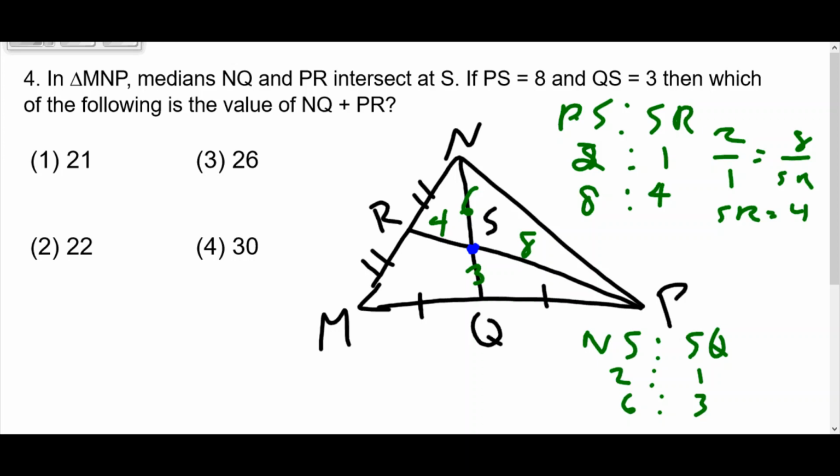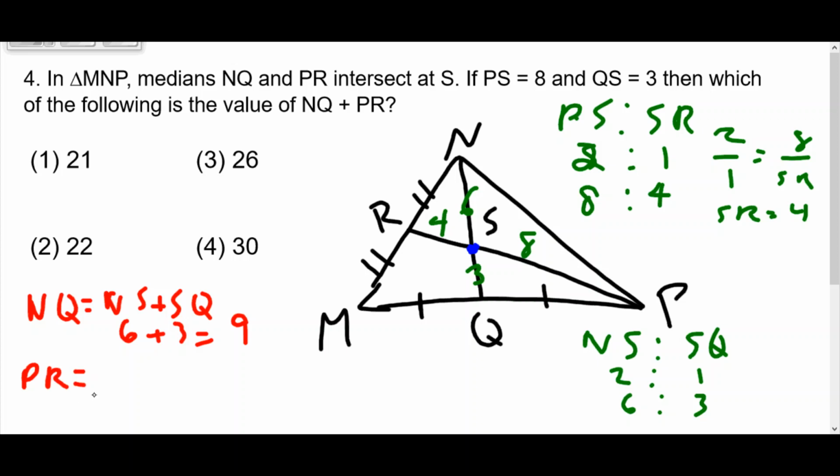We know that NQ is equal to NS plus SQ, which here is 6 plus 3, giving us the total measurement of 9. We also know that PR is equal to PS plus SR, and here PS is 8 and SR is 4.